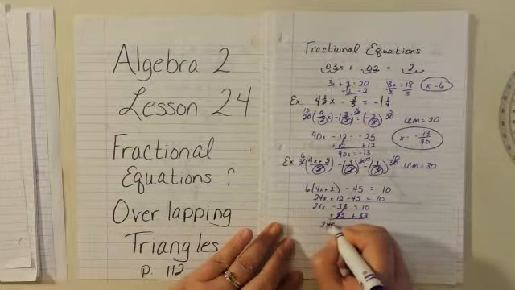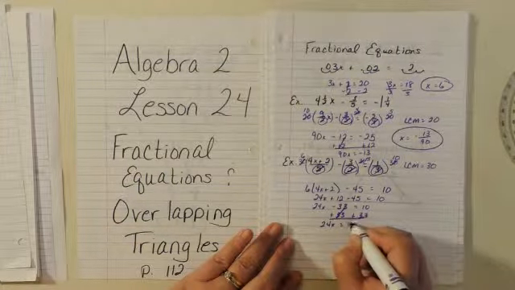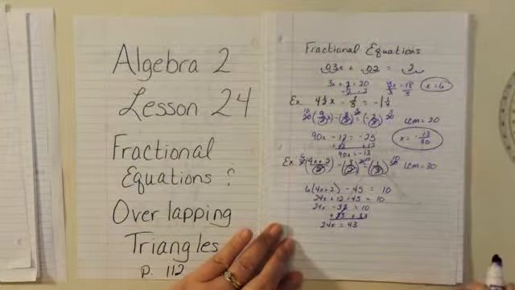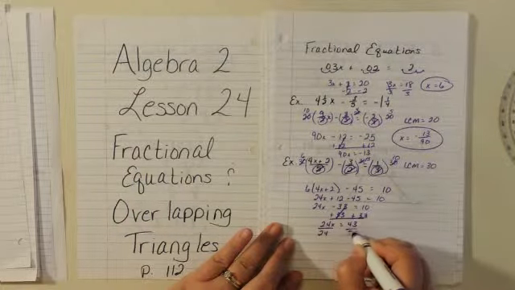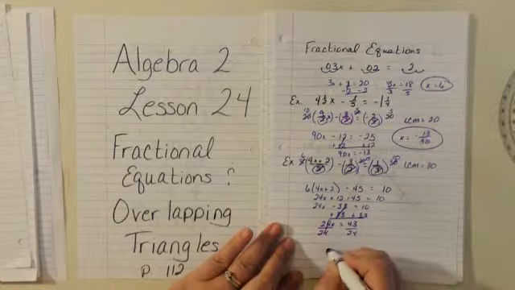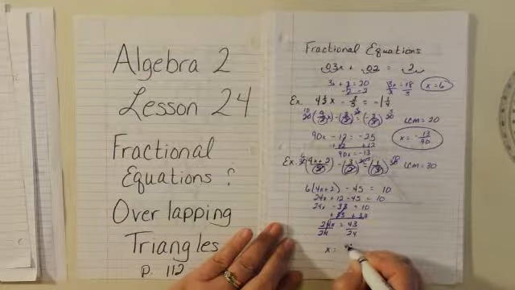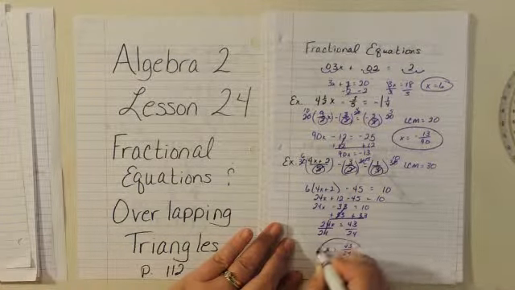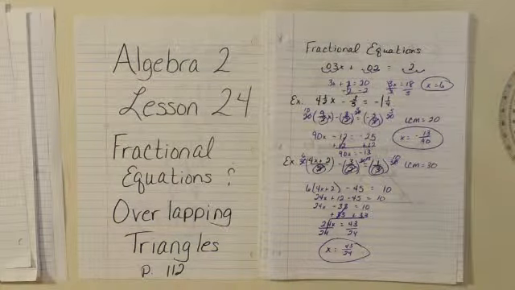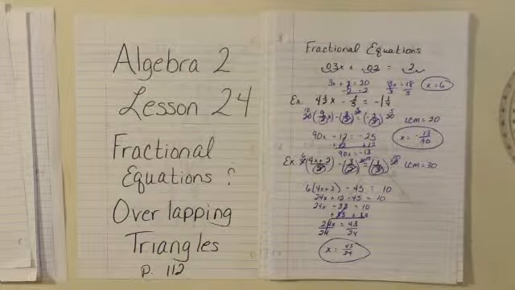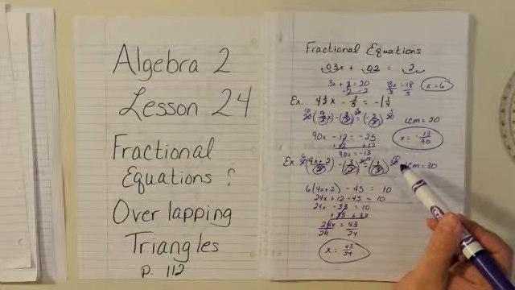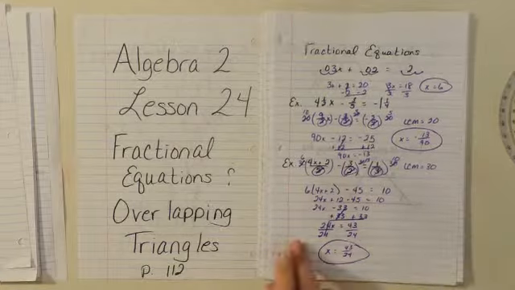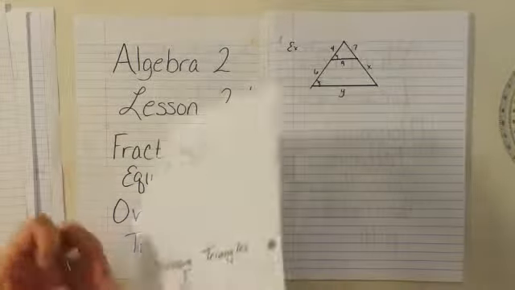And 24x equals 43. Divide both sides by 24 to get rid of the coefficient of x. And x equals 43 over 24. Isn't that lovely? It's not pretty, but it's correct. Okay, I want you to show your work, and I want you to circle your answer if you're in my class.